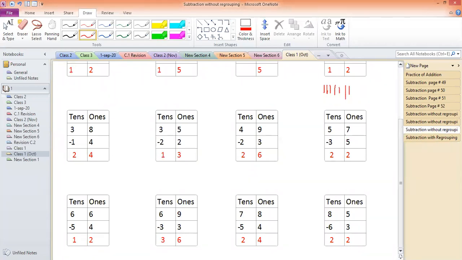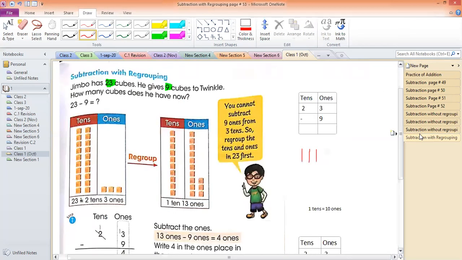And we need to minus 5, so we cut 5 lines. 1, 2, 3, 4, and 5, and check how many lines are left. That is how we used to do it in subtraction without regrouping, right? So we will follow this also in subtraction with regrouping.